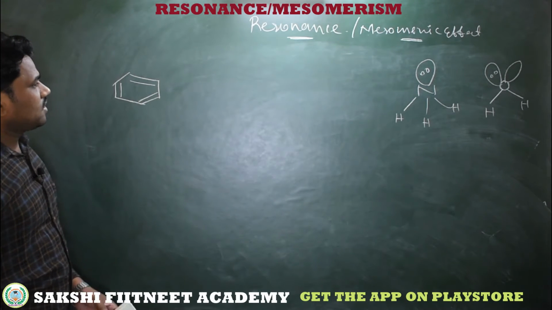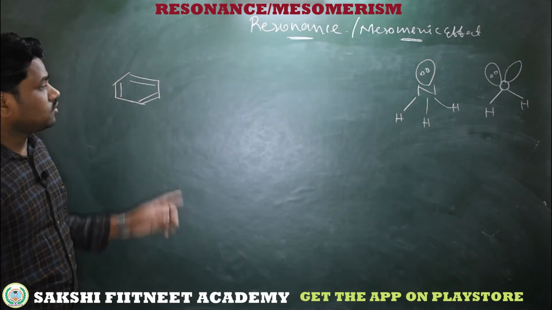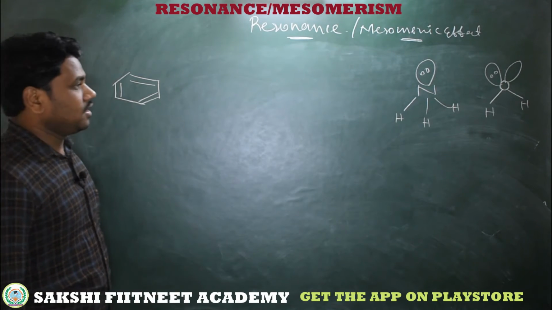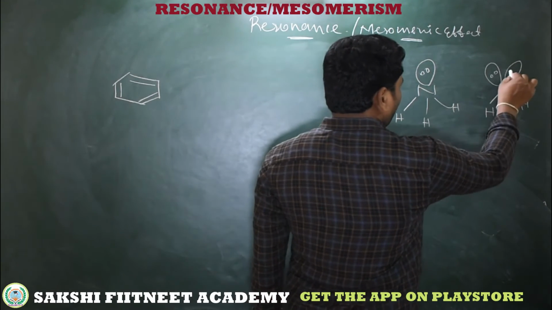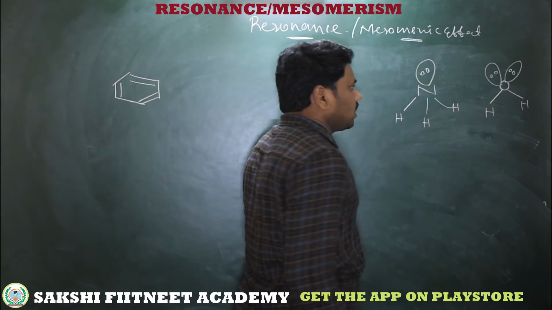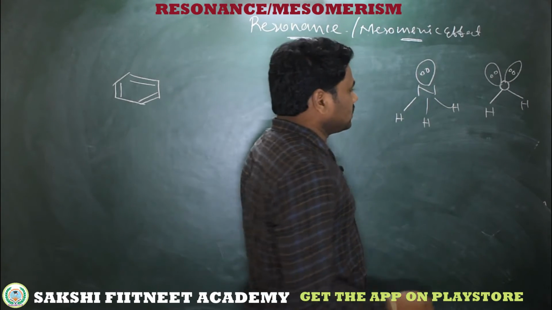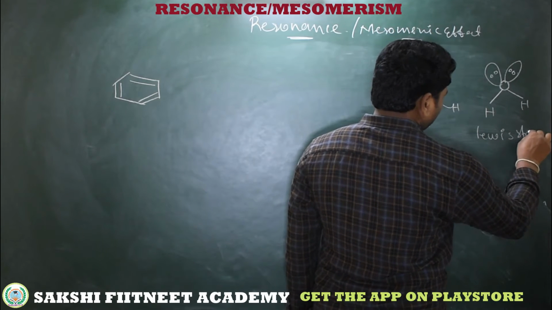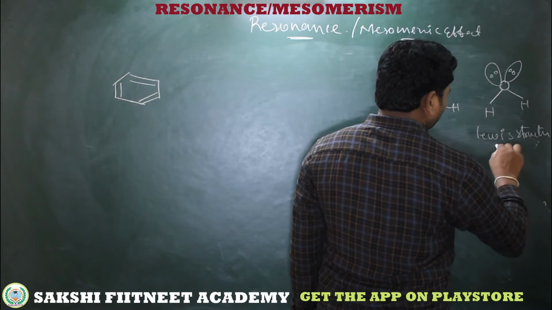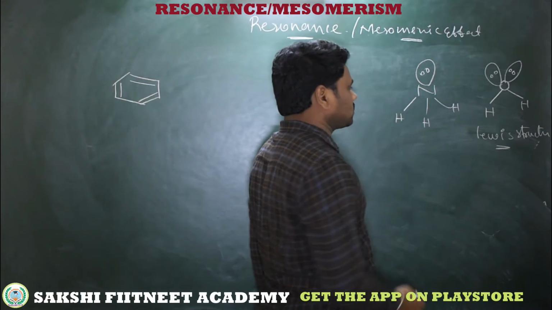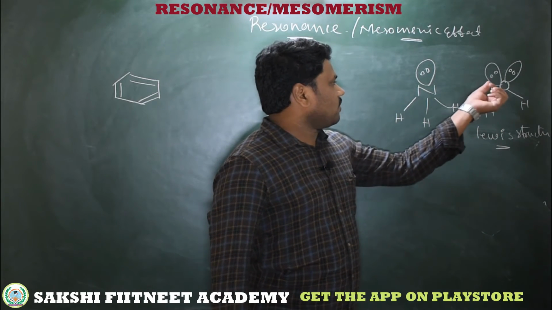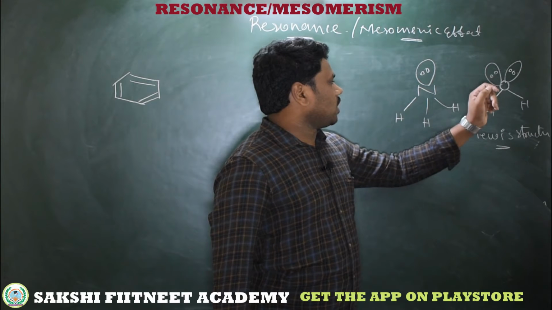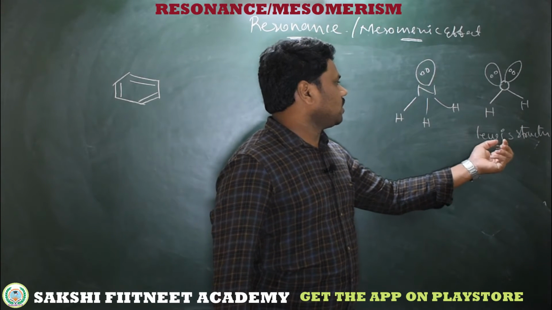So how can we understand what is resonance based on these 3 molecules? Simple here. See, water is a compound which gives a single Lewis structure. Based on this single Lewis structure, it's a bent shape having 2 lone pairs, with oxygen more electronegative and hydrogens electropositive.